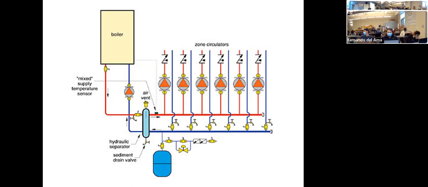Okay, but what kind of elements do we have? We have manifolds, pumps, water pumps, circulation pumps, expansion tanks, valves, so at least we need all these elements with tanks.